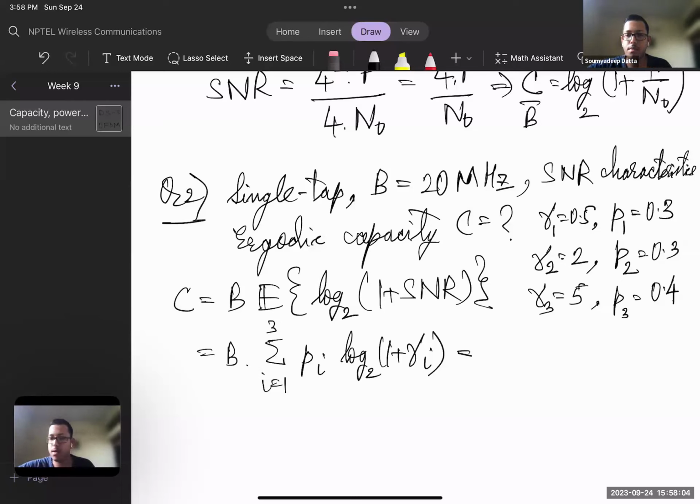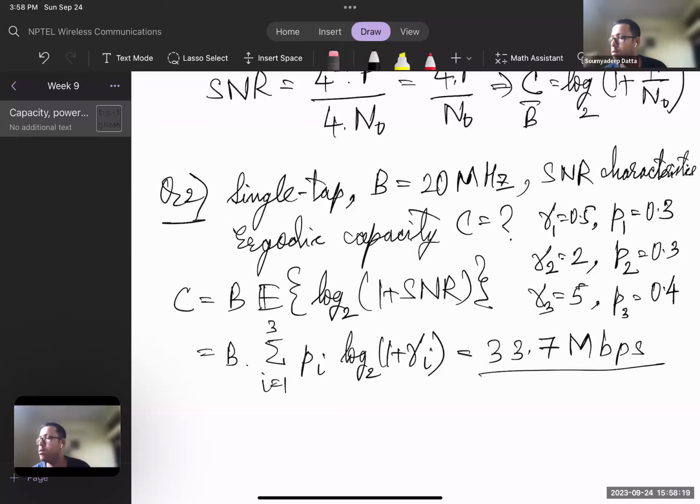So I'm getting capacity to be about 33.7 megahertz. Sorry, not megahertz, Mbps. Bandwidth is in megahertz. So you can just verify.